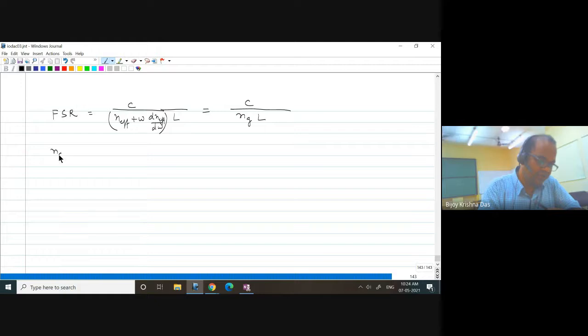NG is basically n effective plus omega d n effective by d omega, right? That is known as group index. You know what is group index?